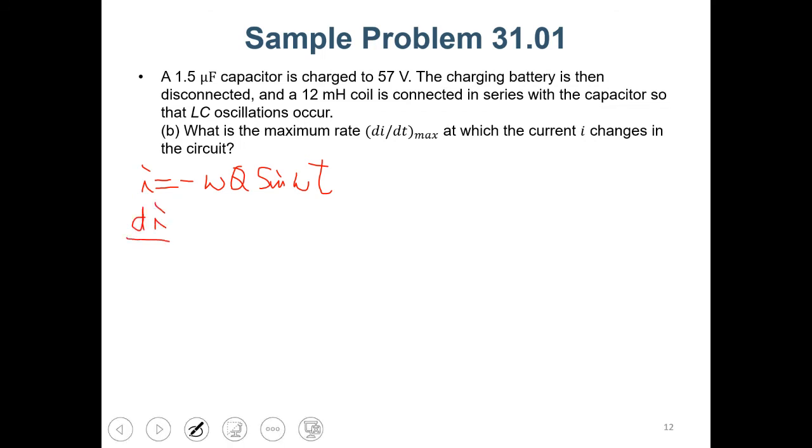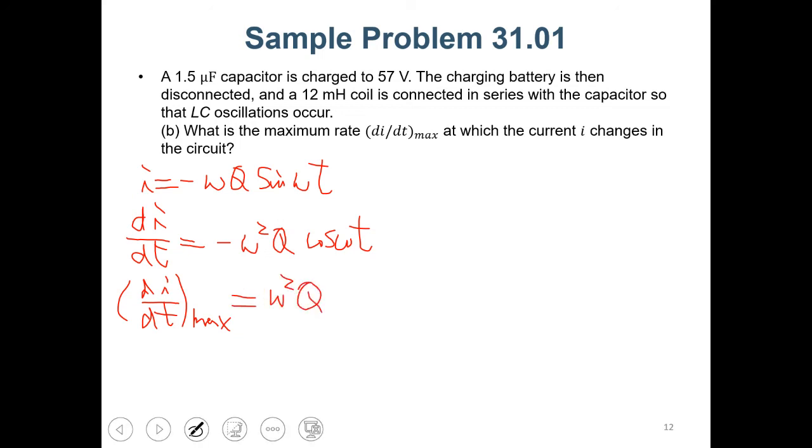So we have di/dt, which will be minus omega square Q cosine omega t. And in this case, di/dt max is nothing but omega square Q, because when the cosine is -1, it would be the maximum value, since cosine is between -1 and 1.